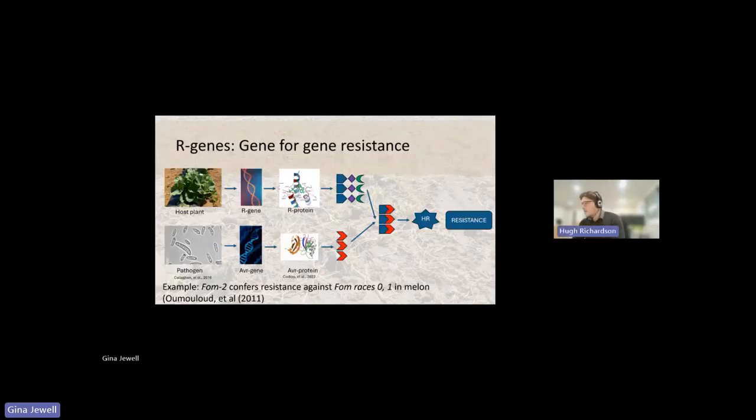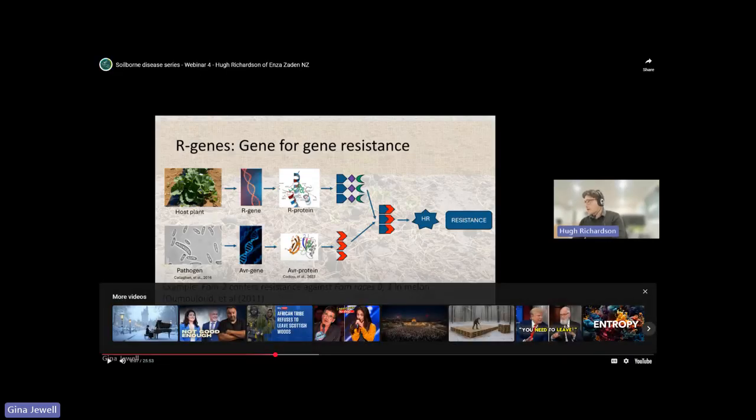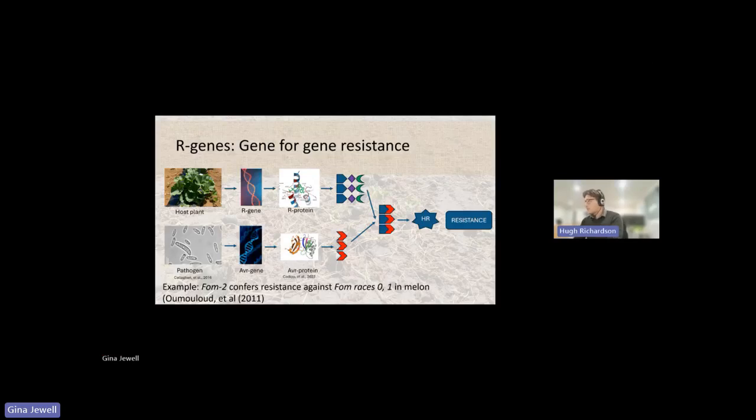Great. So the way that R genes work is often a gene-for-gene mechanism, which means you've got a host plant and a pathogen, and the host plant might have an R gene which directly relates to a virulence gene in a pathogen. The virulence gene in the pathogen will express an AVR protein, and the R protein will match to the AVR protein, one-to-one.